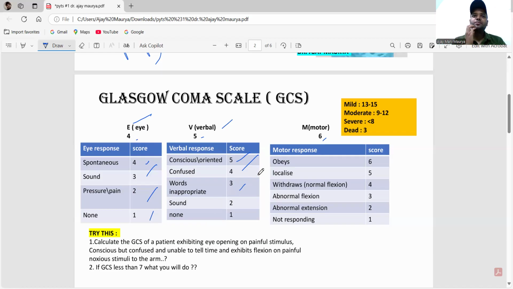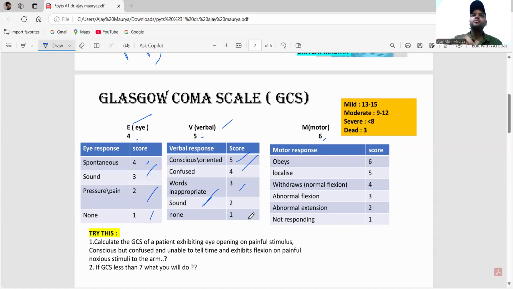If the patient is verbalizing different, abnormal sounds, this is 2. If there is none, it is 1.